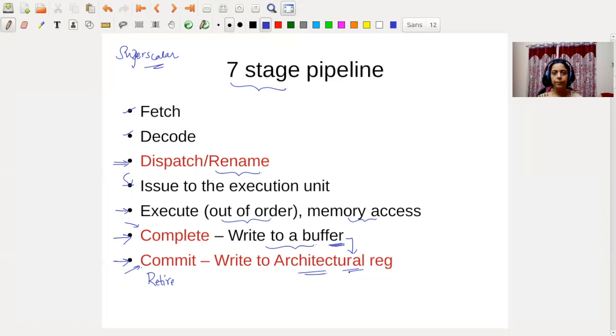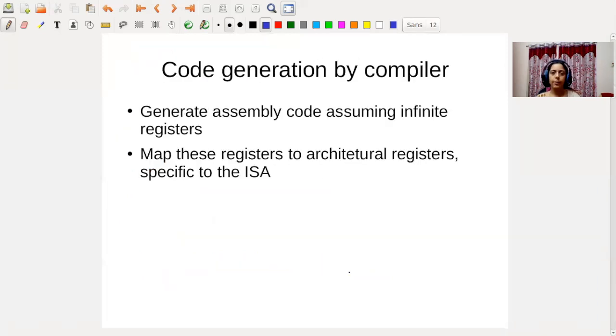Okay, so now let us come back to what a compiler does. A compiler generates code. It takes the high level language code, let us say C code, and converts it into assembly, which is specific to the ISA. Generally it uses 2 steps. The first one is it generates assembly code. It assumes that there are an infinite number of registers available.